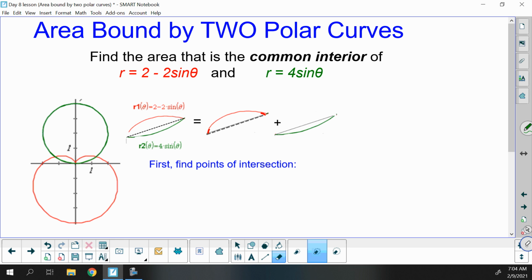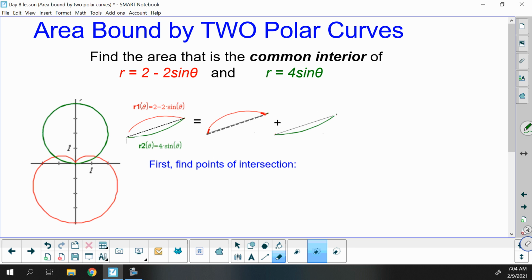Before the dotted line is the graph that is plotted from the 4 sine theta one. So that area is going to be the area for the 4 sine theta from some starting value of theta to some finishing value of theta. And then it switches over to area from the red one.